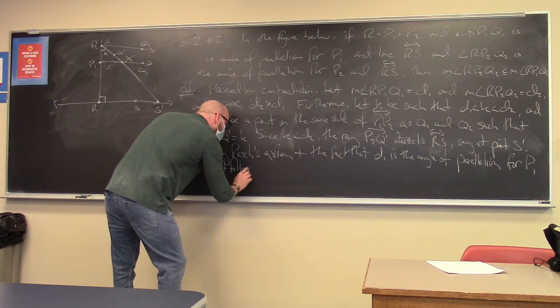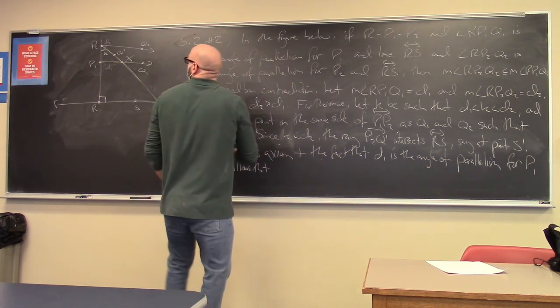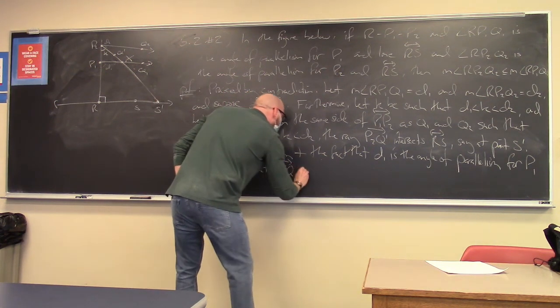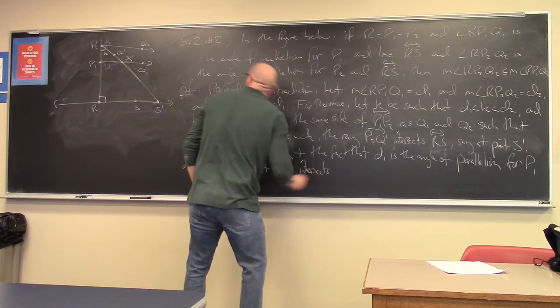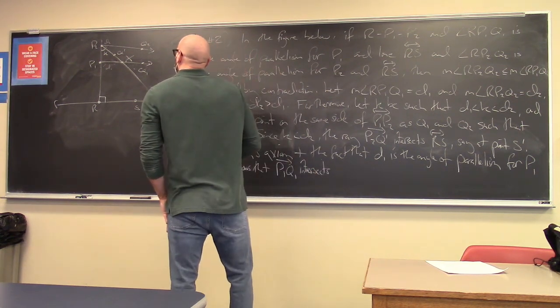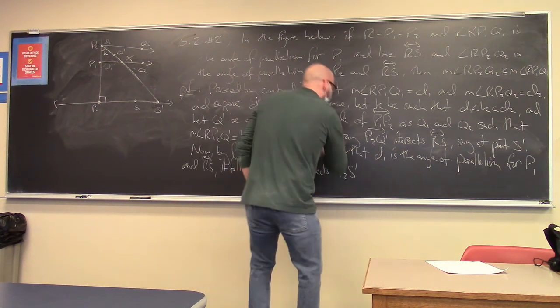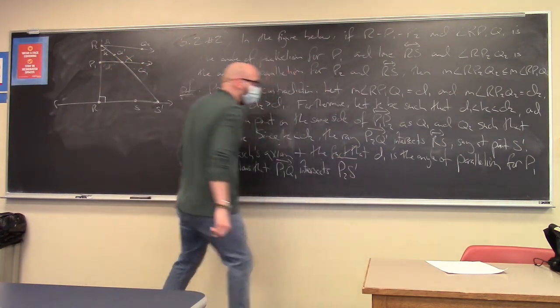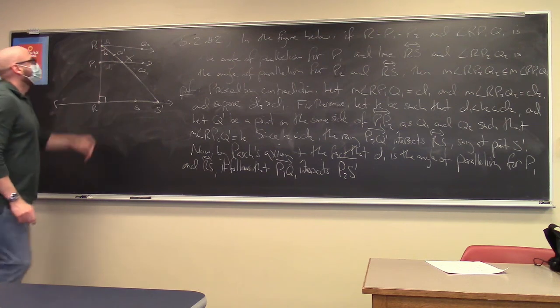It follows that the ray P1Q1 intersects P2S prime, just a line segment now, the line segment P2S prime, at a point X.